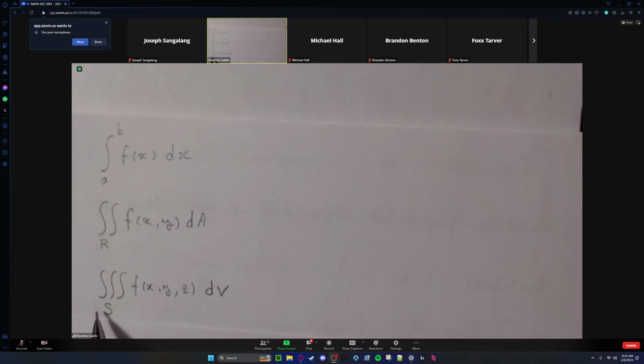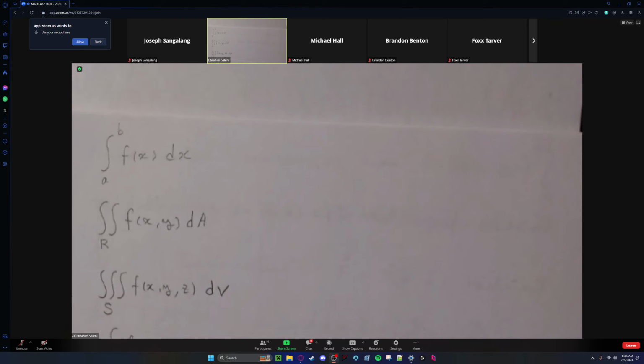You have a solid S, and it is made of some sort of alloy that at different places has different density. Assuming that this function gives us the density at different points, this triple integral will give us the mass of that solid, all right? The mass of that solid.